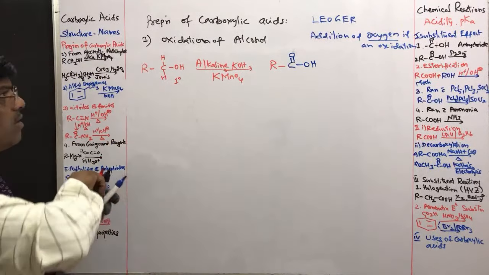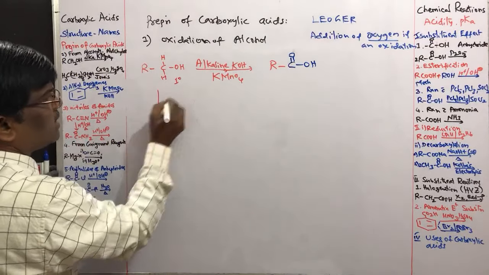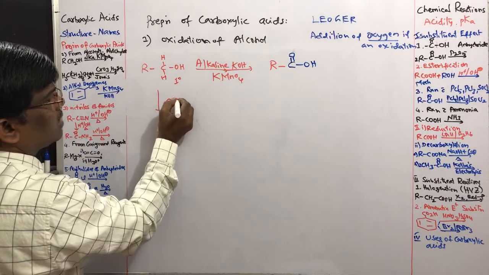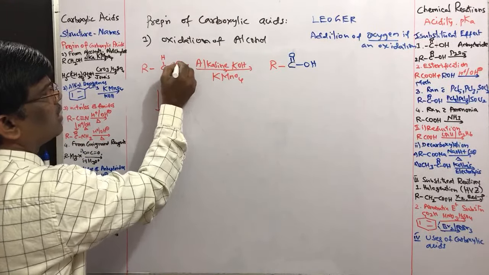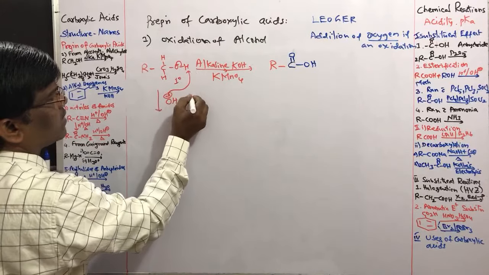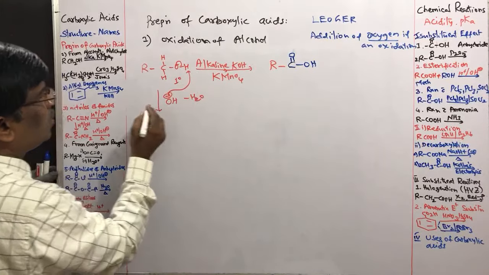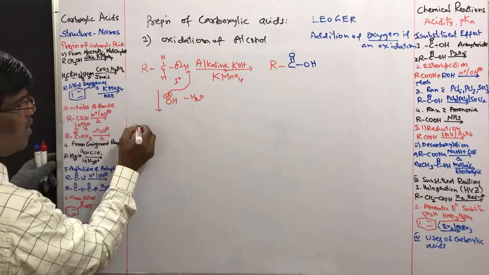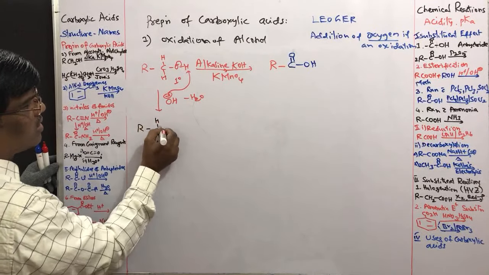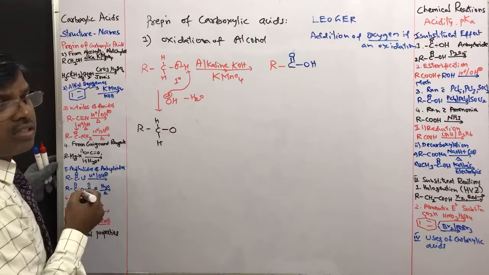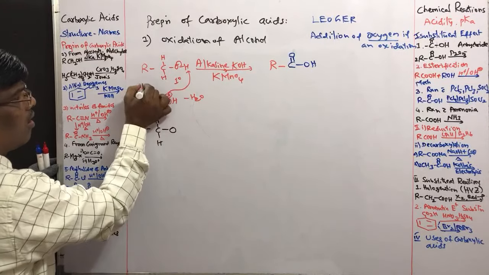What is the mechanism? Dear students, it is very easy. Since we are using base, it abstracts this proton, minus water, to give R, these two hydrogens are there, and oxygen, primary alcohol, students.